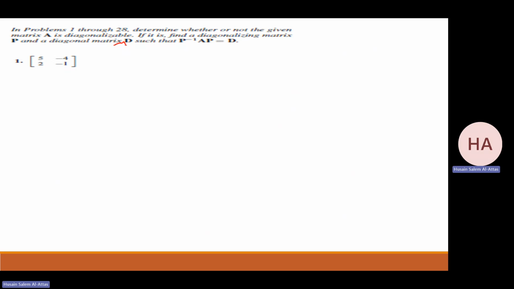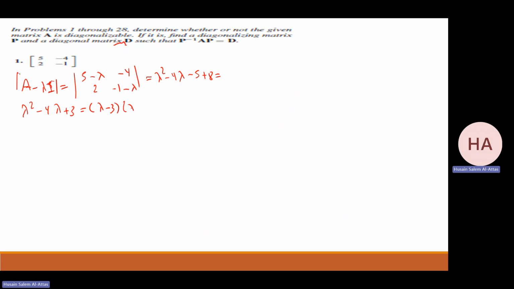Okay, so very clear. I'll find eigenvalues and eigenvectors. So A minus lambda I gives me 5 minus lambda, minus 4, 2, minus 1 minus lambda. I'm getting lambda squared minus 4 lambda plus 3, which is lambda minus 3 times lambda minus 1 equals 0.